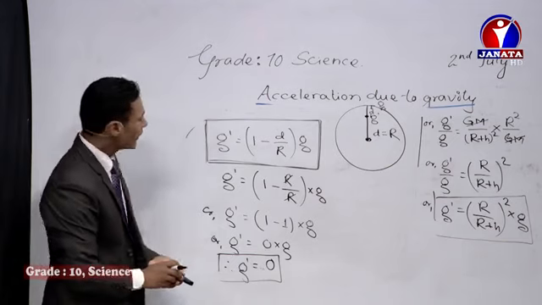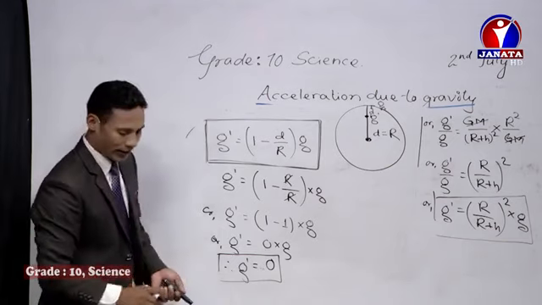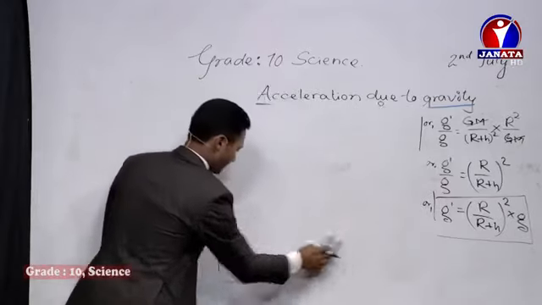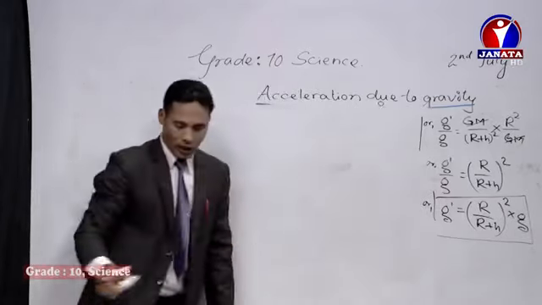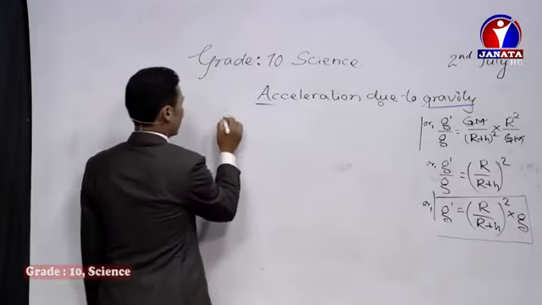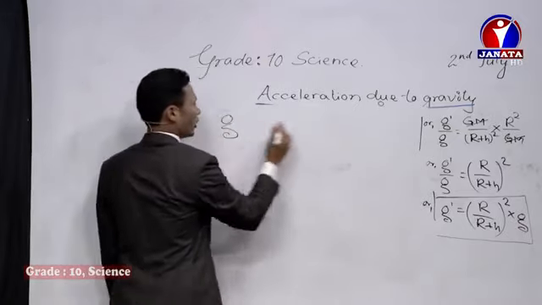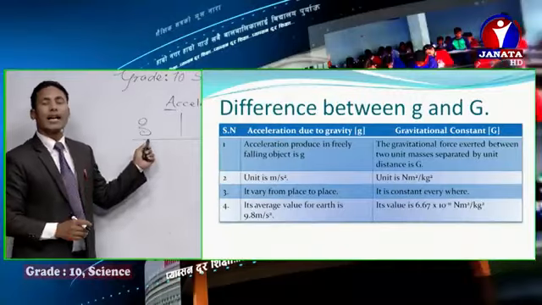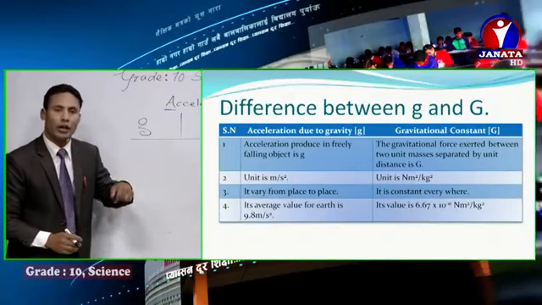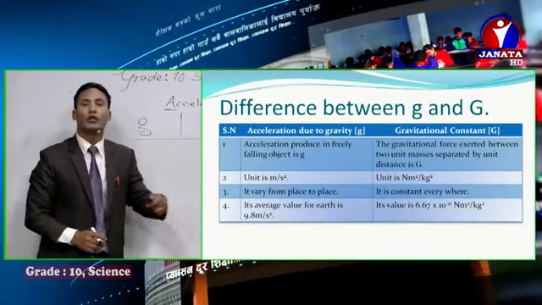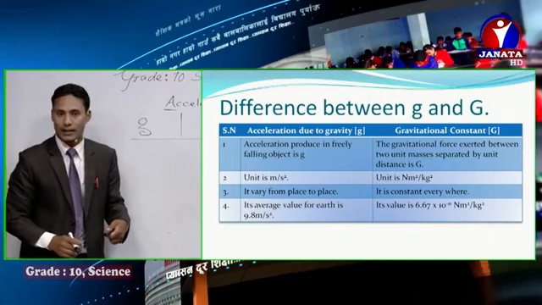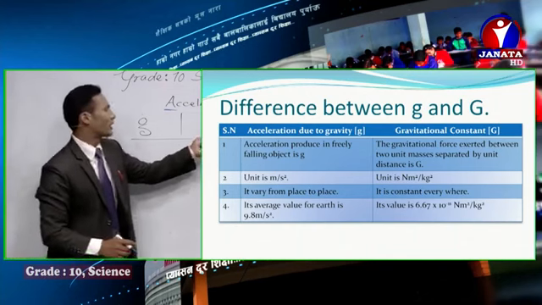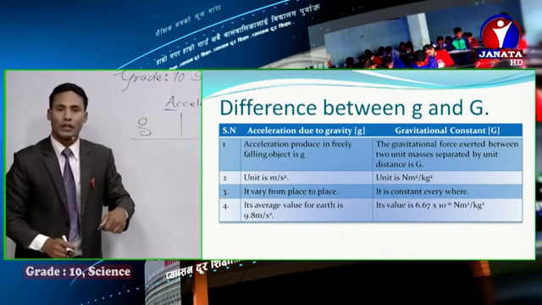Now let's check the differences between the capital G and the small g. The small g is the acceleration produced on a freely falling object, and the capital G is the universal gravitational constant.